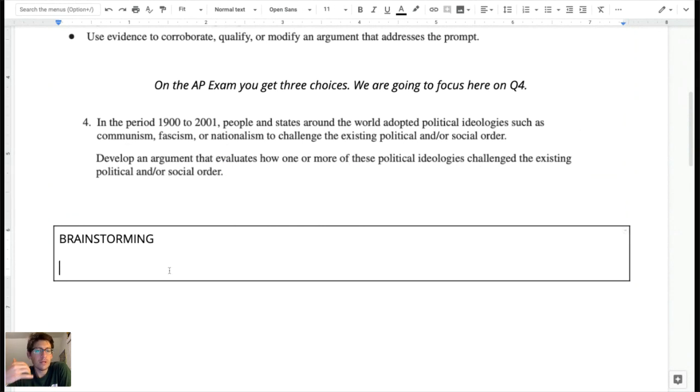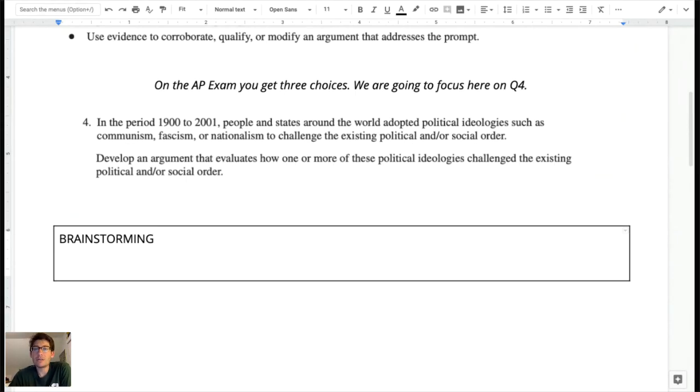That's important to me because I want to know exactly what I'm writing about. I want to make sure that I am writing the correct thing and that I'm not leaving anything out. This essay could have been a lot harder if it said, develop an argument that evaluates how two of these ideologies challenge the existing political and social order.